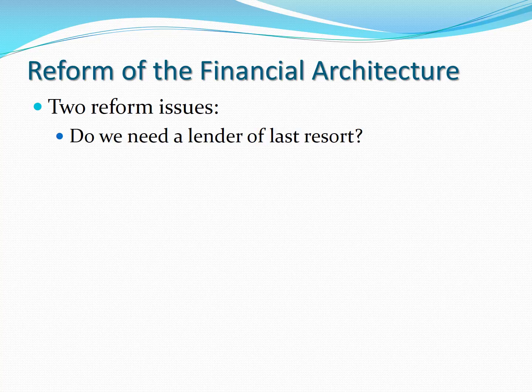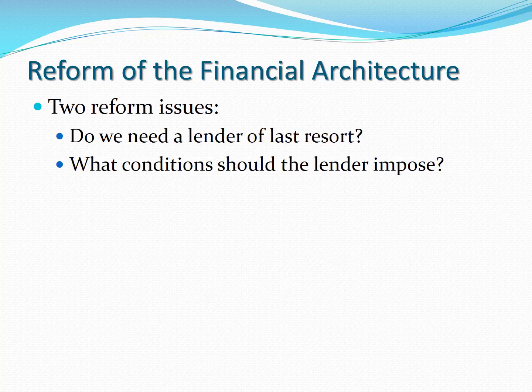There's two main issues. Do we need a lender of last resort? So what's the role of the IMF? And also, what conditions should any kind of lender impose if they are a lender of last resort? Should the IMF make loans with conditions?